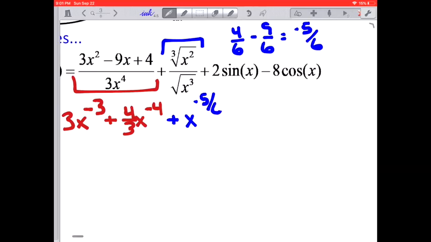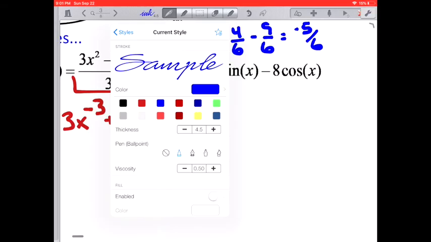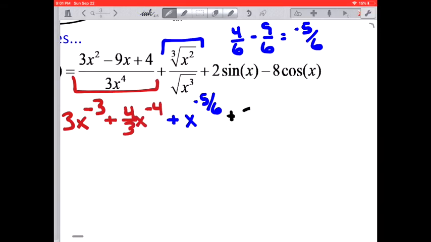That part in blue is really x to the -5/6. Then I proceed to the last part. I don't need to bother rewriting that. It is nothing exciting.